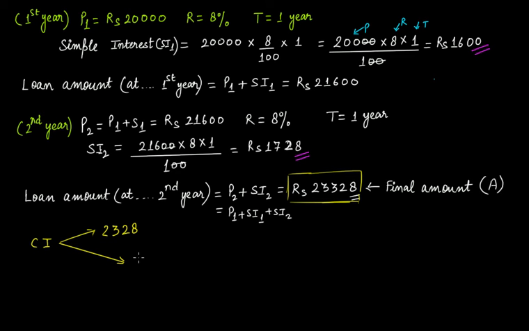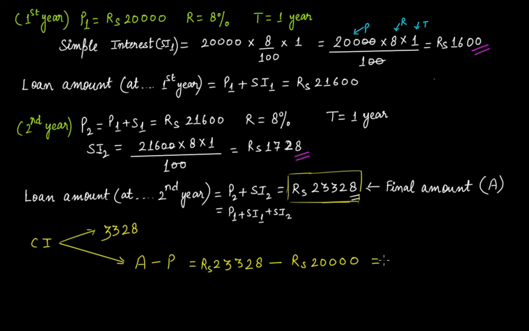Another way is that this final amount includes the principal plus these two interests. It means that the amount minus the initial principal will give you the compound interest, because this value contains these two interests as well. So this is 23,328, minus rupees 20,000.